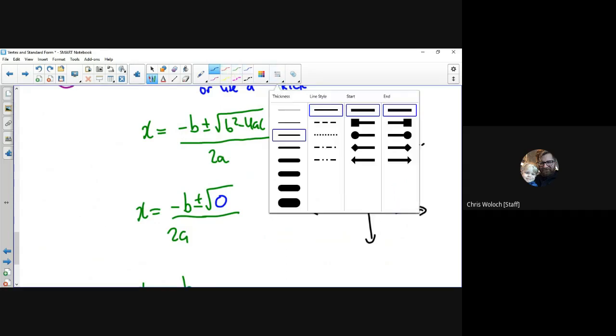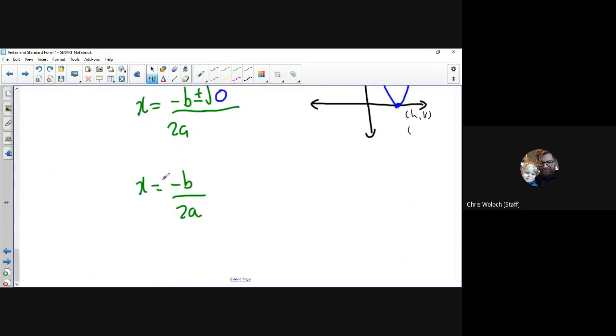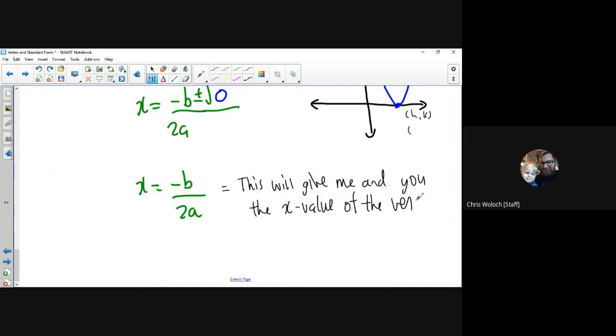That means at this point here, this h, k, because this is the vertex, this formula here will give me and you the x value of the vertex. All right.